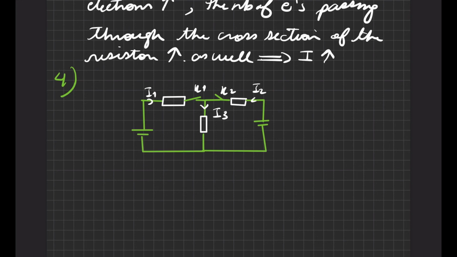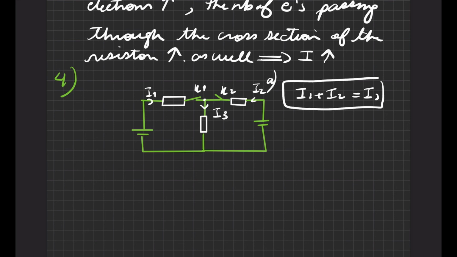I guess I3 is just I. Well, we know that at this junction the currents are added, based on Kirchhoff's current law. So I1 plus I2 equals I or I3. Okay, that is A.